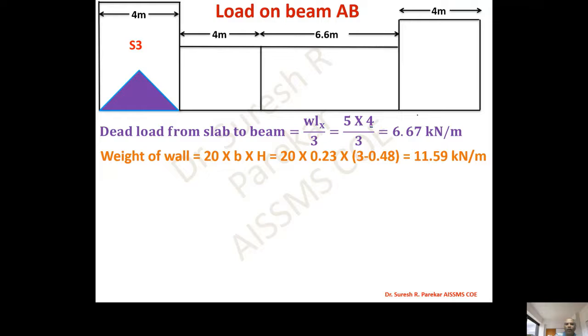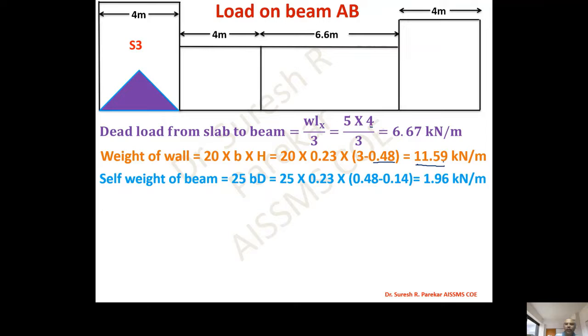And weight of wall is 20 B into H. Floor to floor height is 3 meter and depth of beam is 0.48, and therefore we will get this value as 20 into 0.23 into (3 minus 0.48), that is 11.59 kilonewton per meter. Self weight of beam is 25 into 0.23 into (0.48 minus 0.14), because we have this as depth of slab, and we have to subtract from the overall depth of beam the depth of slab which we have already considered in the first term, where we have dead load from slab.